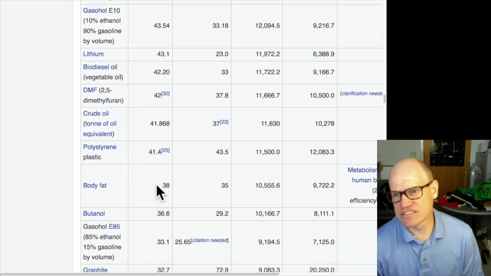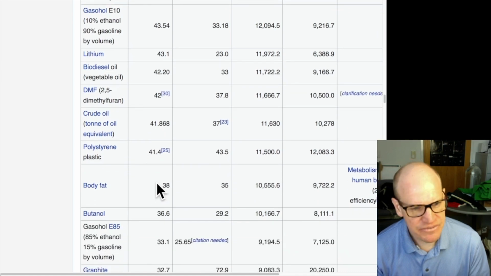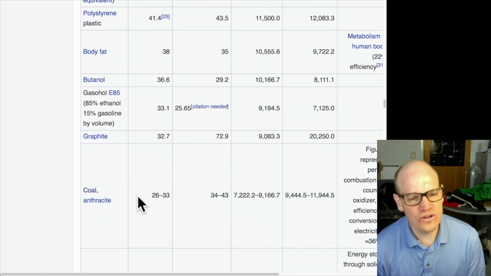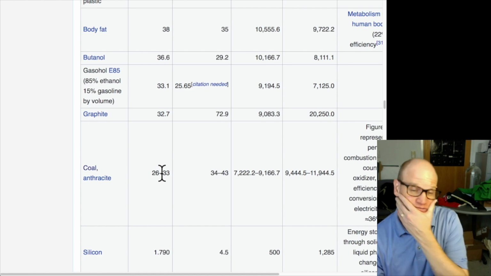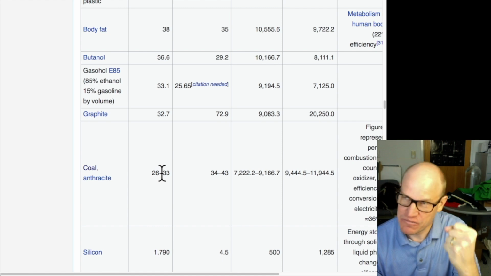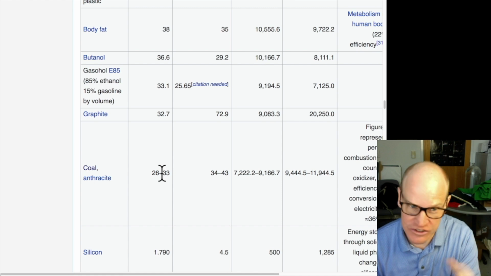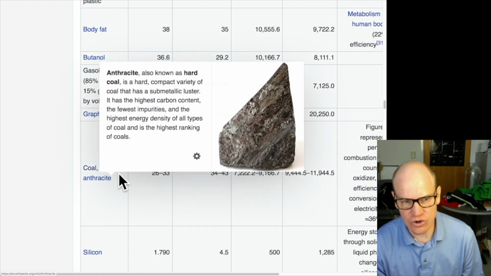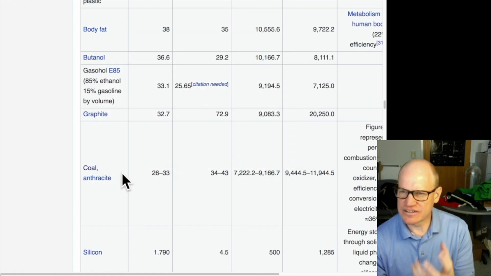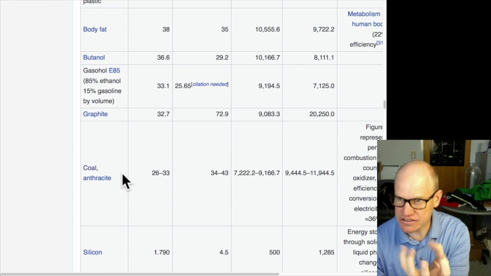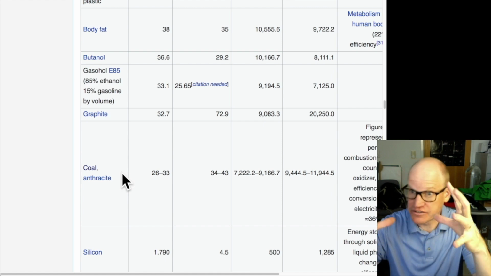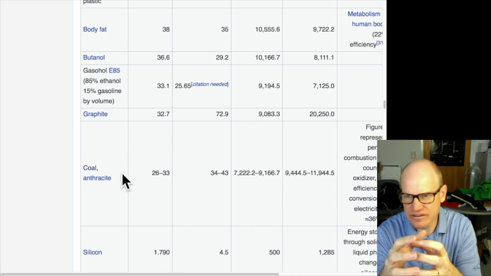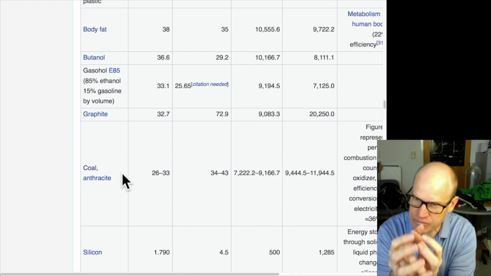So natural gas is slightly more energy dense than body fat. And if we look at coal, coal is 33. Okay, so I was wrong. Natural gas is more energy dense per kilogram than coal. One of the differences, though, is that natural gas is a gas, and so a kilogram of natural gas is actually larger in volume than coal is, because coal's more compact, it's a lot more dense.